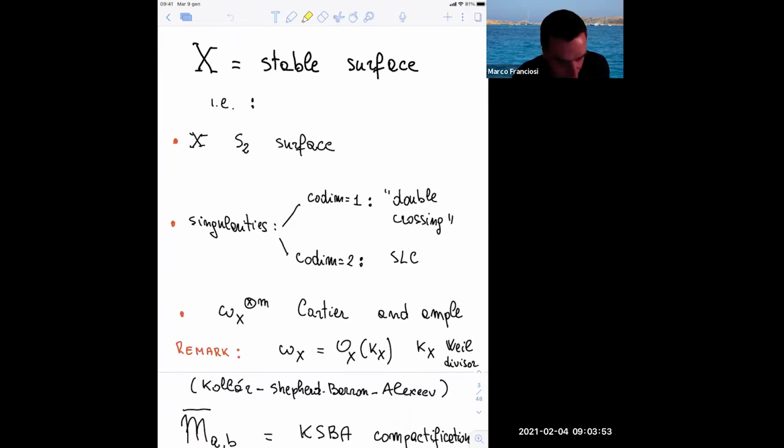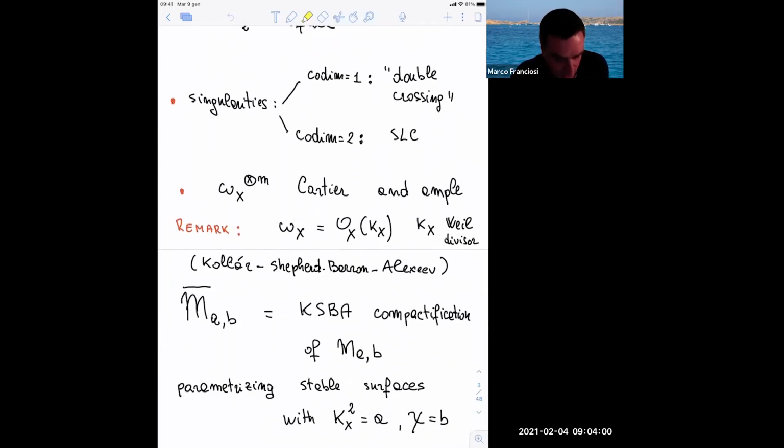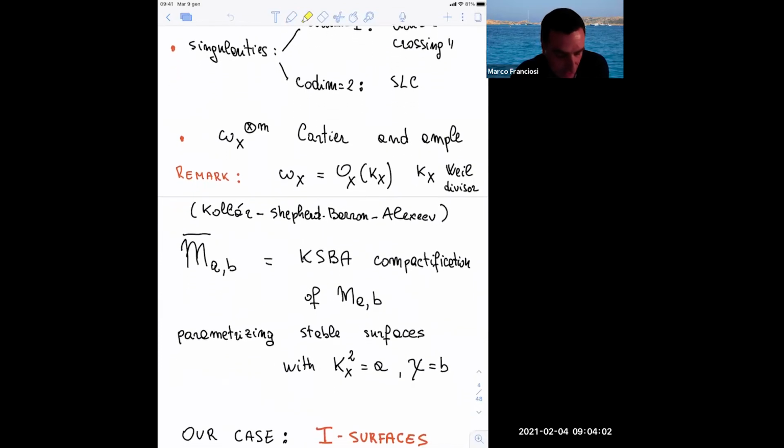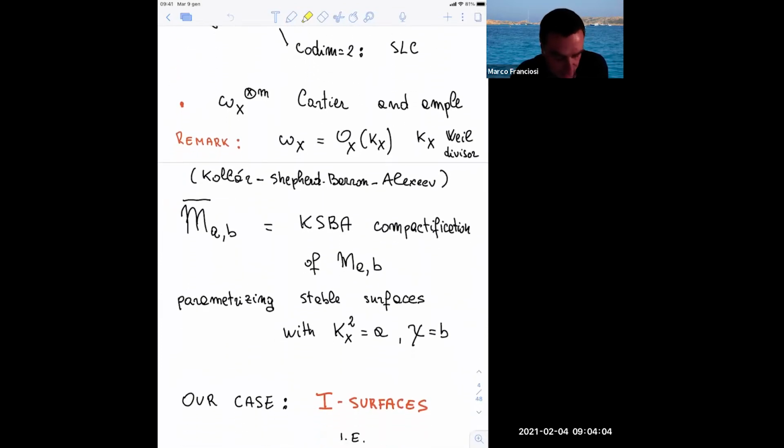Okay, so Zonke yesterday explained very well what this means, and we will talk about the Kollár-Shepherd-Barron-Alexeev compactification of M_{A,B}, which is the moduli space which parameterizes stable surfaces with K squared equal A and chi equal B.